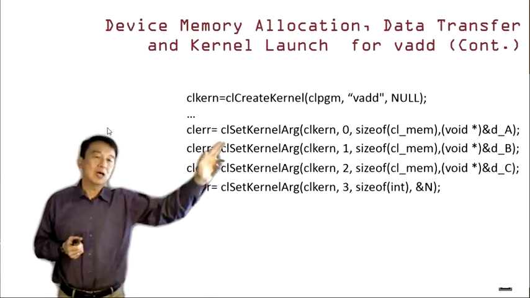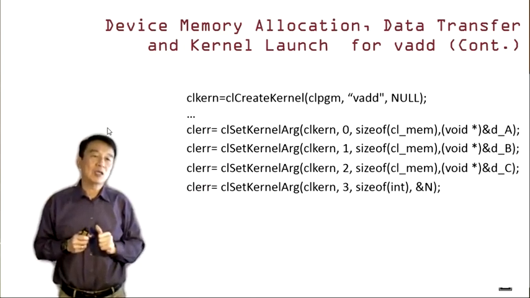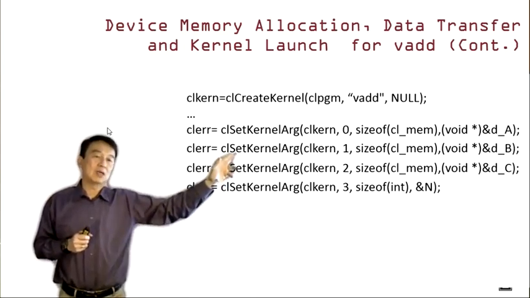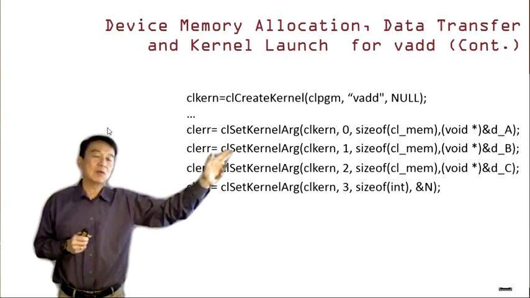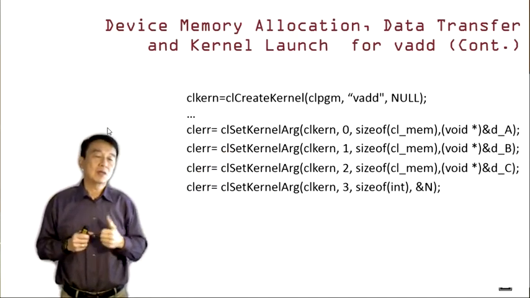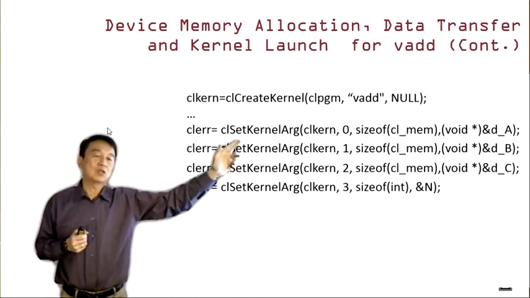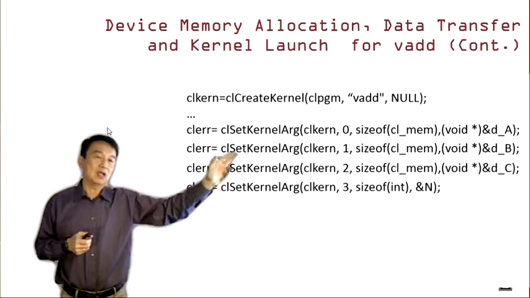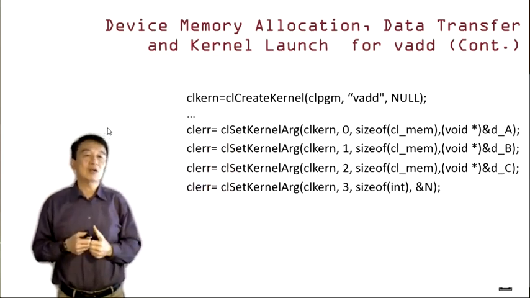These are the arguments that we would just list in the kernel function call in CUDA. We also need to tell the runtime system how big each argument is. So this is the size of cl_mem. Remember, cl_mem is the type of pointer to a device memory location. Then we pass a pointer to the address of dA, the address of dB, and the address of dC as the actual parameter value.